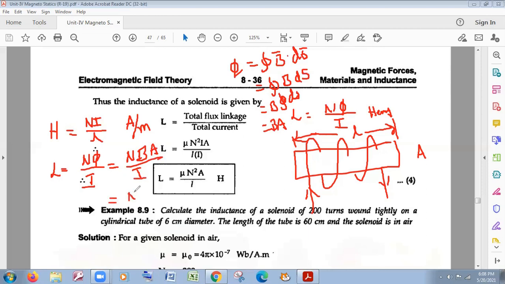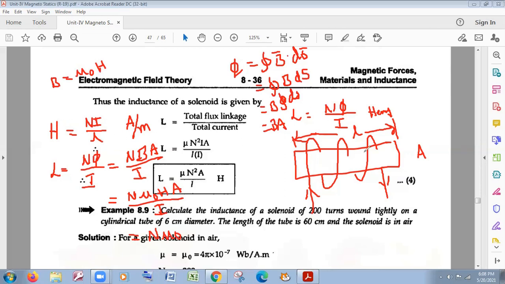So what is B in terms of H? B is equal to mu into H. Now I am substituting B as mu H A by I, that is equal to N into mu. What is the H here? N I by l.